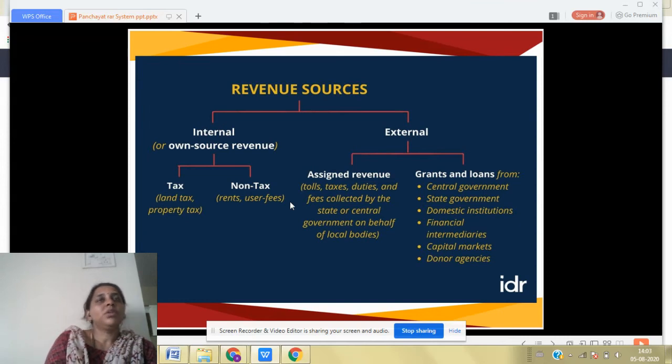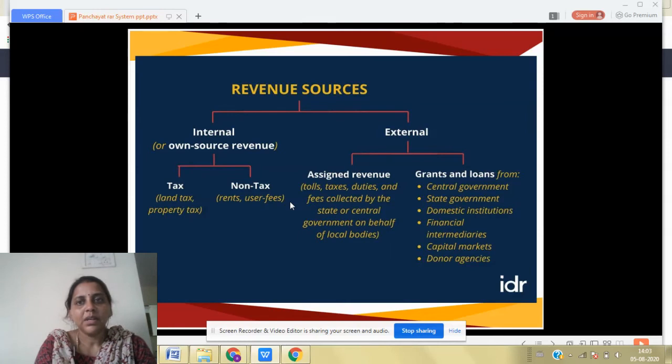Now, the state government and the central government are in no way directly concerned with this. Indirectly they give some revenue, but it is the local self-government which has to make its own money for working on the development of their villages and to solve the problems in that area. And where does the revenue come from? What are the sources of revenue for these areas?